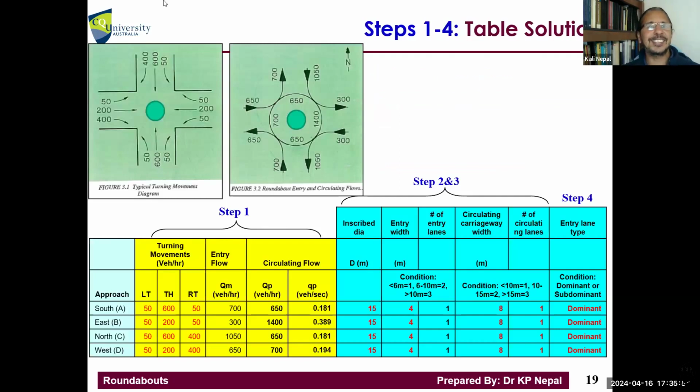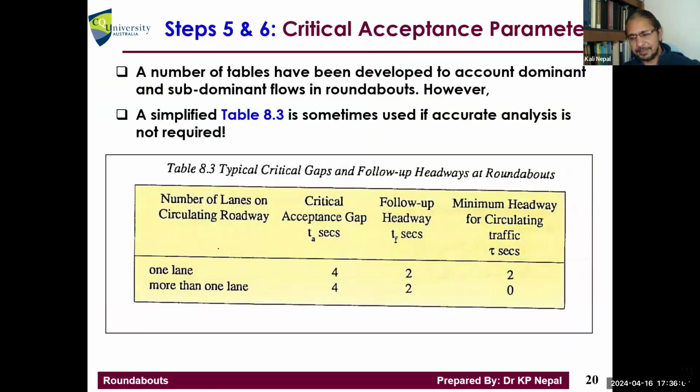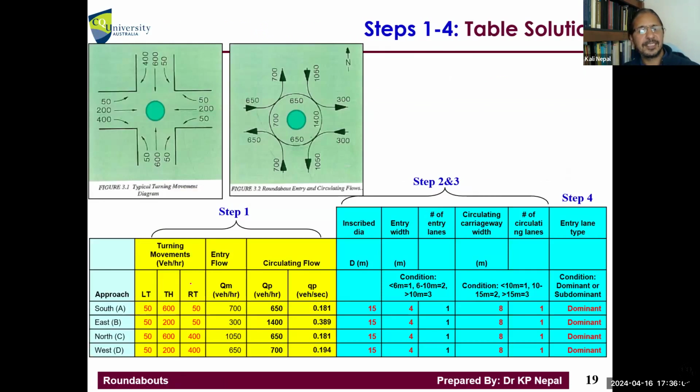So now let's solve from step 1 to 4, all of those combined. Look here. Step 1, I already explained that: collect the traffic data. At steps 2 and 3, inscribed diameter, I just assume 15. If nothing is given, don't worry, you can assume anything within the boundary. Of course, we are not using this data for analysis later on.